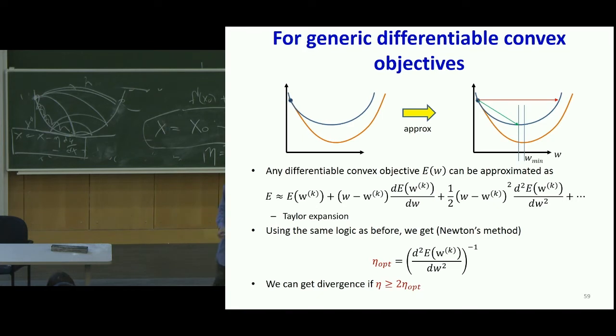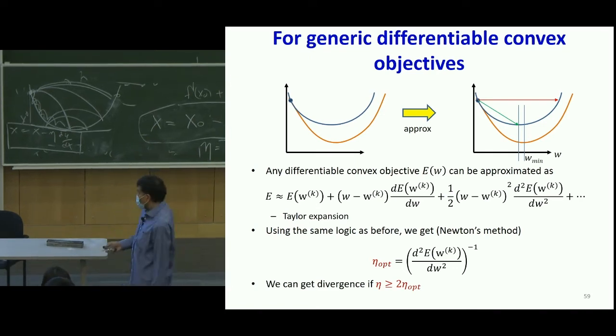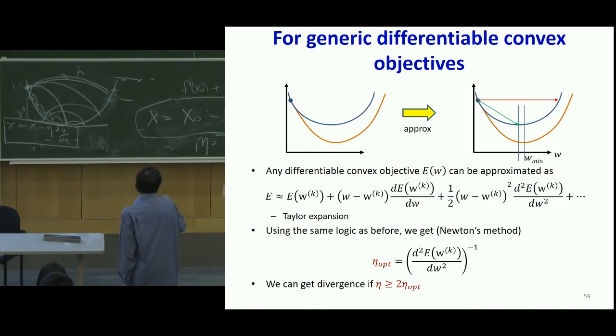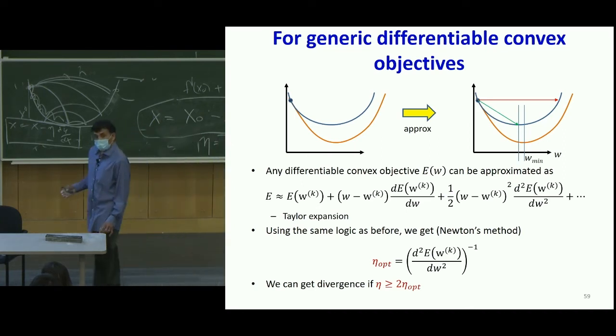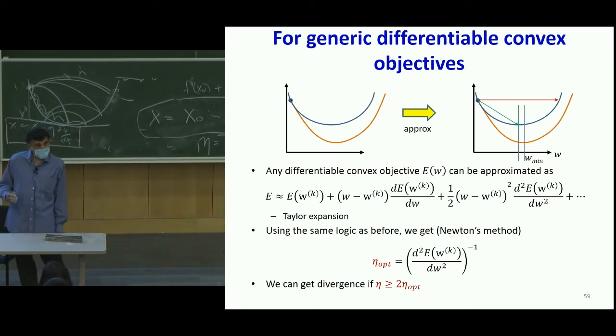If I have something that's higher degree, then at each point I can approximate it with a second degree equation, right? And if I use a second degree equation, this guy here is going to give me the optimal step size for that second degree Taylor series approximation. That's your so-called Newton's update rule. That's what you always do, right? And if your step size is more than twice that much, you have no guarantees that you're actually going to get to the minimum.